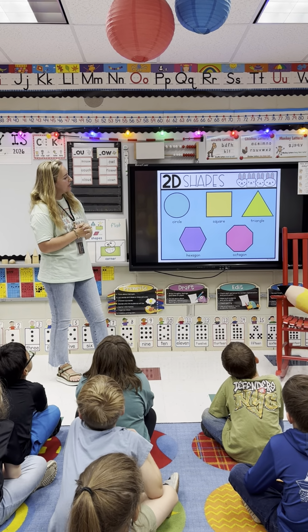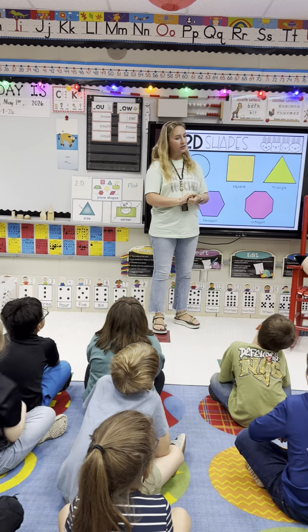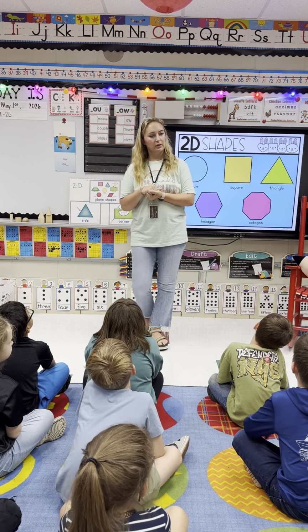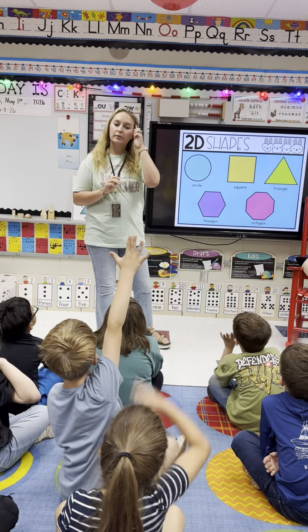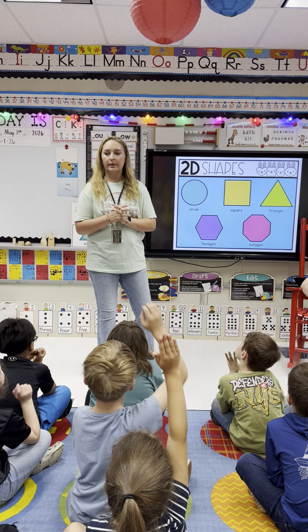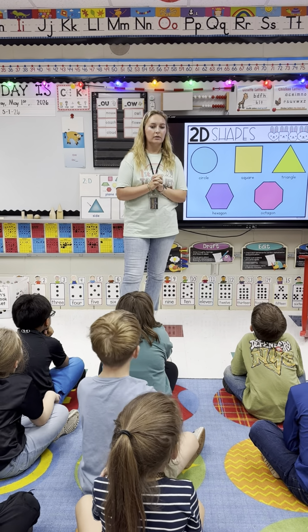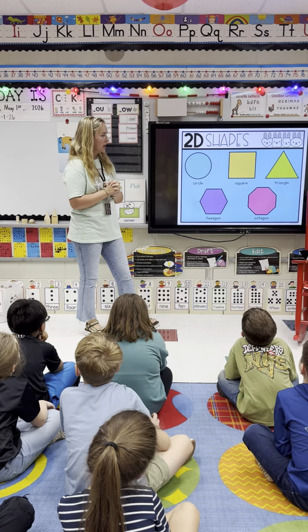Now, look at the next shape. What's its name? Triangle. Think about its attributes. Put its attributes in your head. How many sides, everybody? 3. How many angles? 3. Okay, good job.